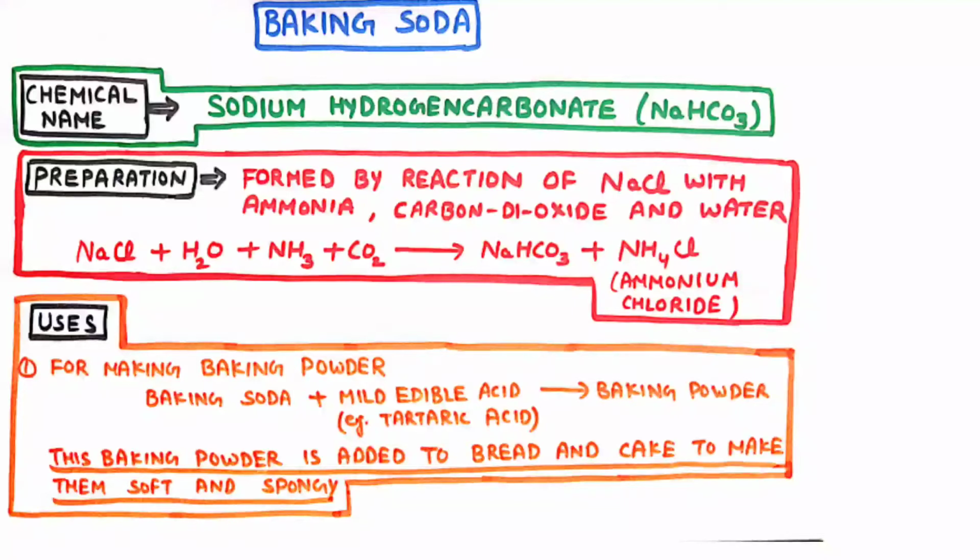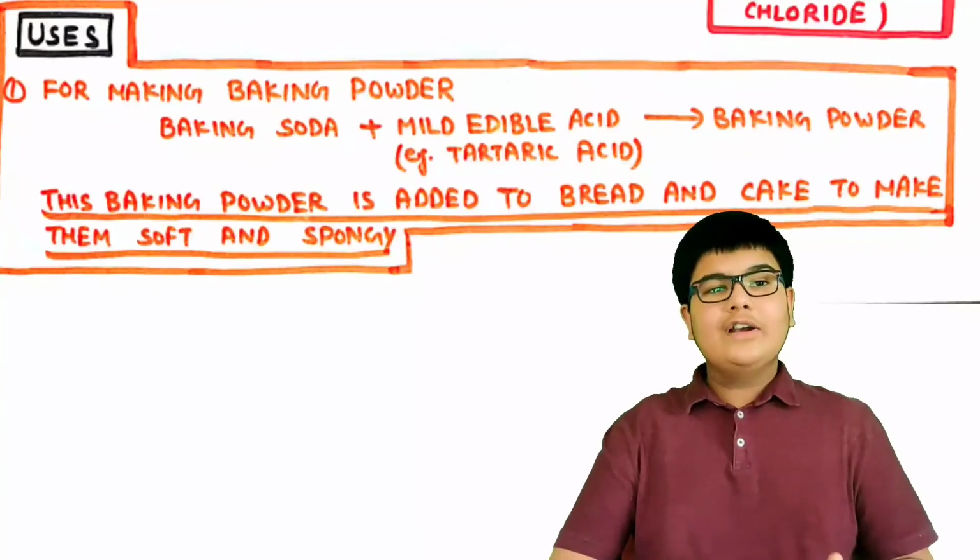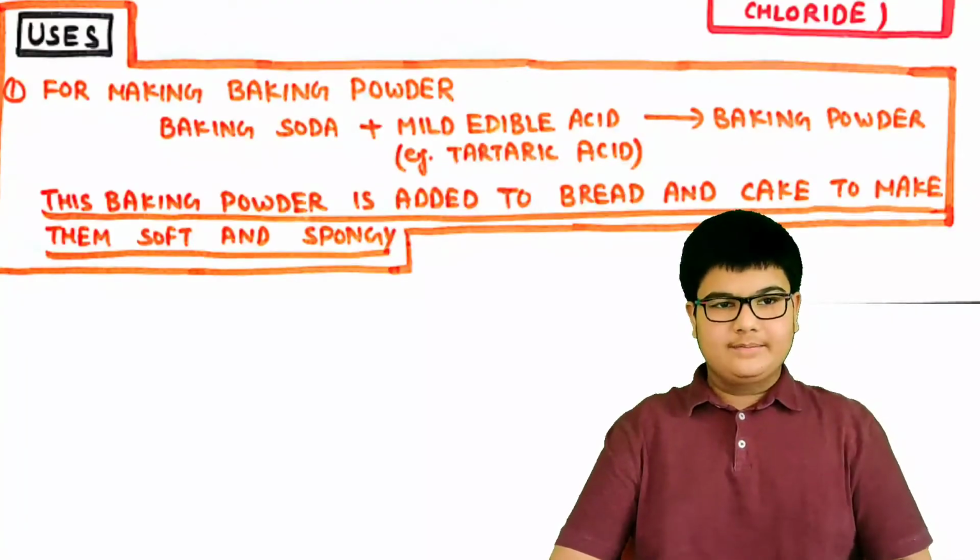Preparation of baking soda. So baking soda is formed by the reaction of NaCl with ammonia, carbon dioxide and water. So in equation form it would be NaCl plus H2O plus NH3 plus CO2 gives NaHCO3 plus ammonium chloride, which is NH4Cl. So now let us see the uses of baking soda.